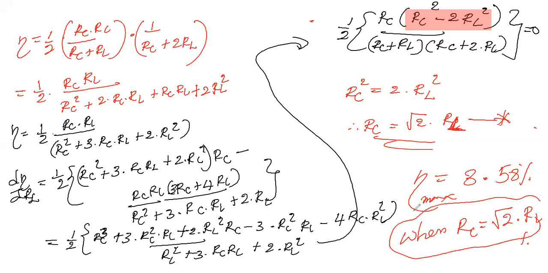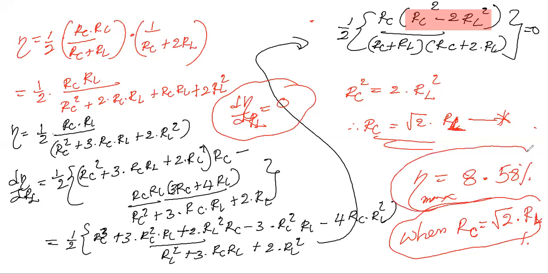What I did here, I just tried to maximize the eta. To maximize this eta, I have to equate d eta divided by dRL to 0. You are changing the load by yourself. Therefore, when you change that RL, you have to find some value for RL to maximize the eta. So you can see here, this is the relationship. By using this relationship, you can find the eta.